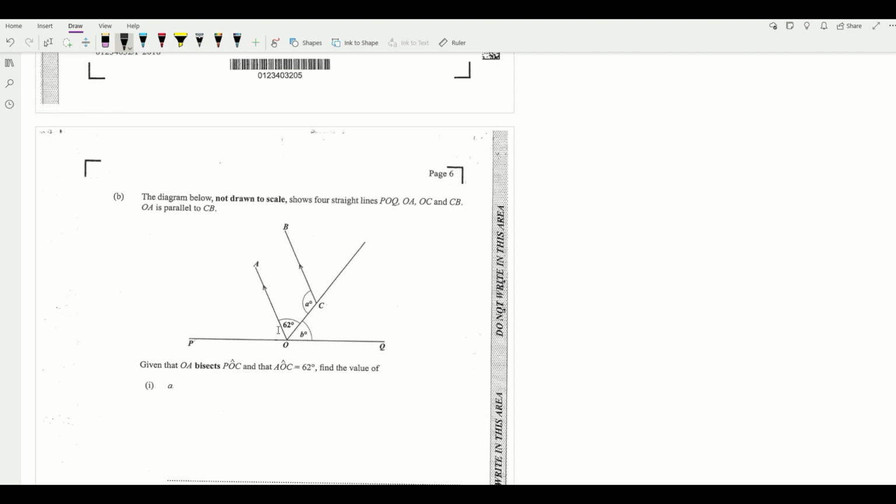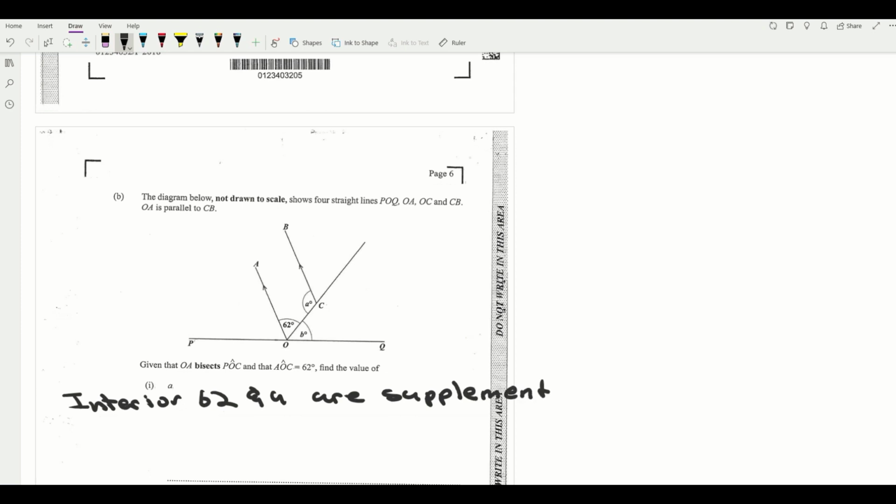Now, immediately, these are two parallel lines. We know that these are interior angles, co-interior angles. And we know what co-interior angles are. That means 62 and A are supplementary.